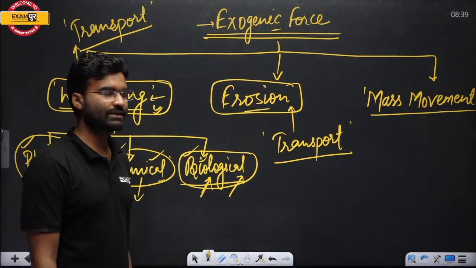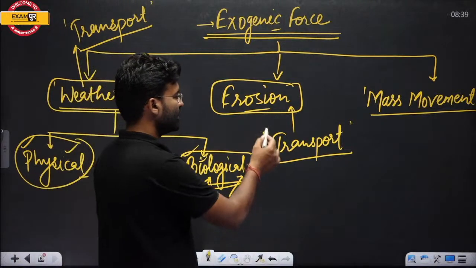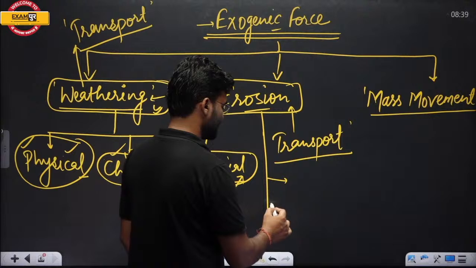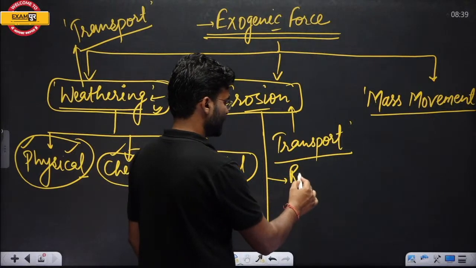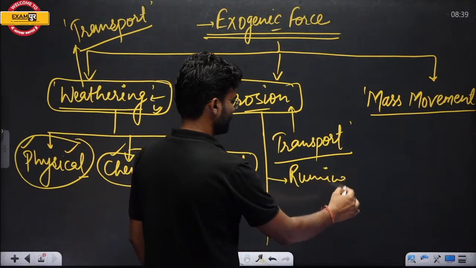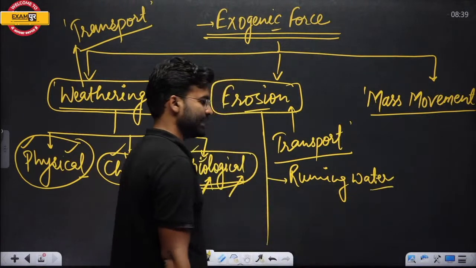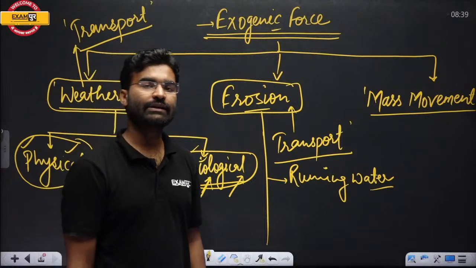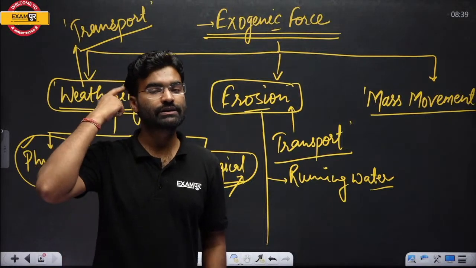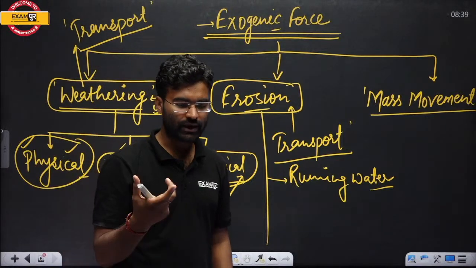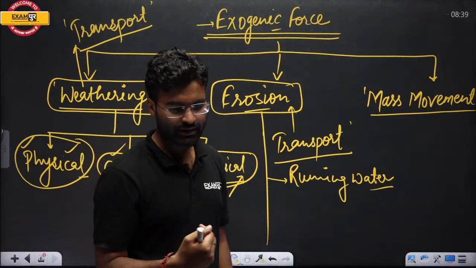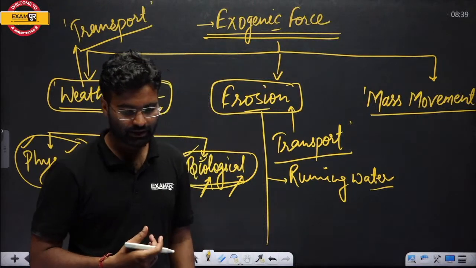I hope you understand. Some factors have the capability to transport debris, like running water, whether in river form or in the form of sea waves. Sea waves also have the capacity to break any coastal part.